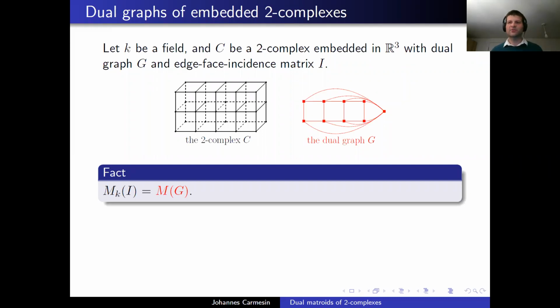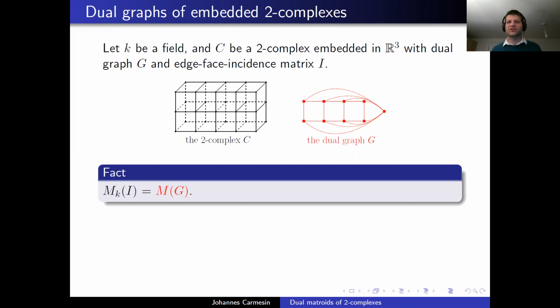What would be very wonderful, but unfortunately isn't true, is if we could compute the red graph just from the 2-complex C. But that can't be possible, because the 2-complex C could have non-isomorphic embeddings in 3-space, which would lead to non-isomorphic dual graphs.